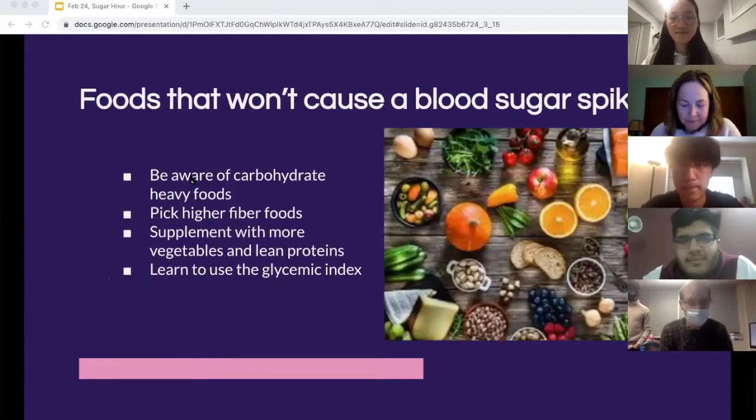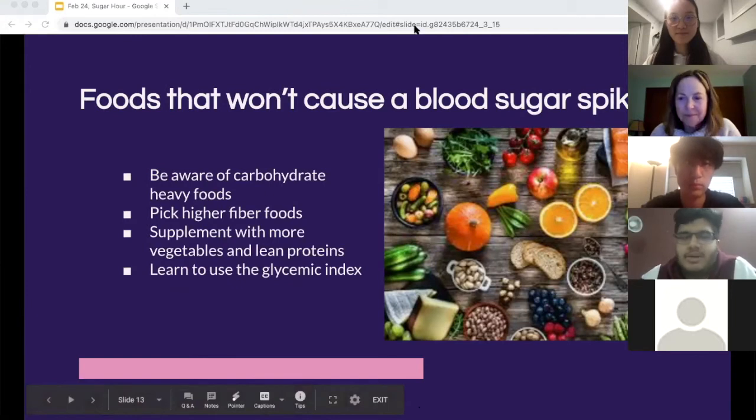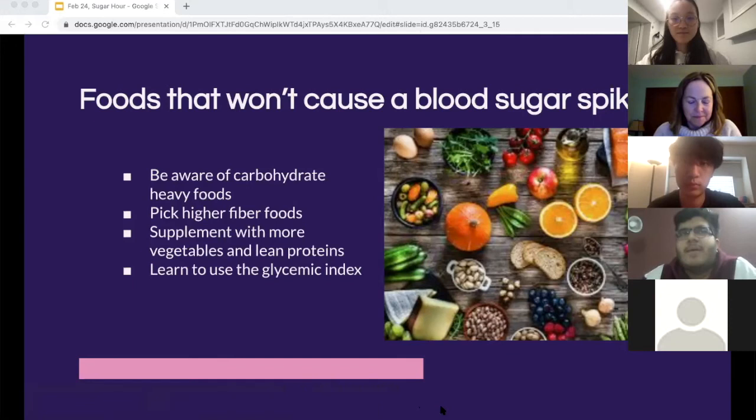So one of the things that we also want to do is eat foods that won't cause a blood pressure spike or a blood sugar spike. The way we can do this is basically it starts from the planning phase. When you're going to the grocery store to buy foods, you want to ensure that the foods you pick are not carbohydrate heavy foods. As Dr. Kearney was just saying, plants and vegetables are great.